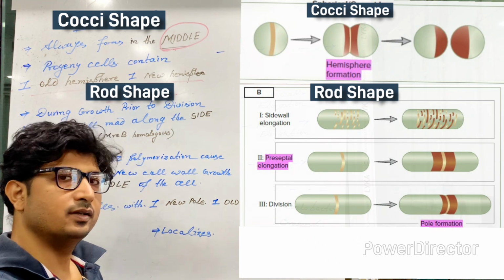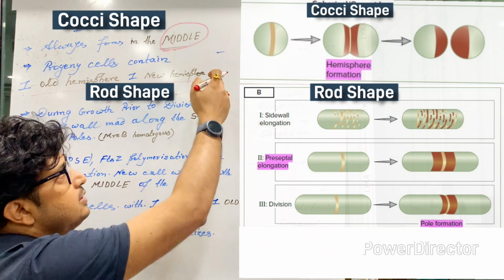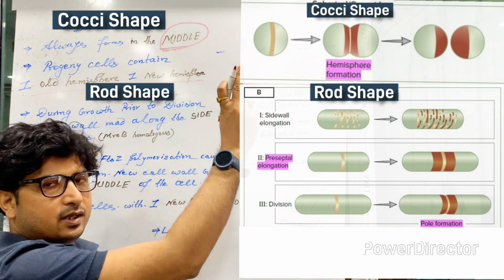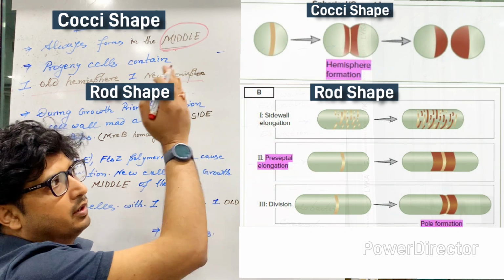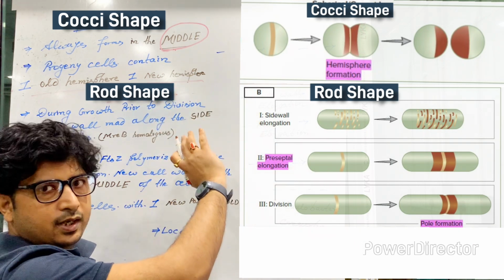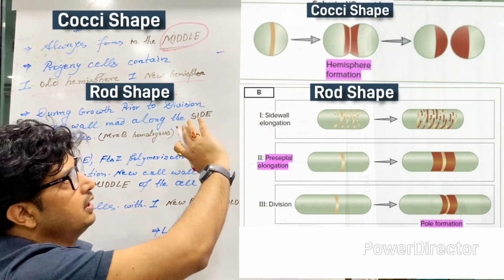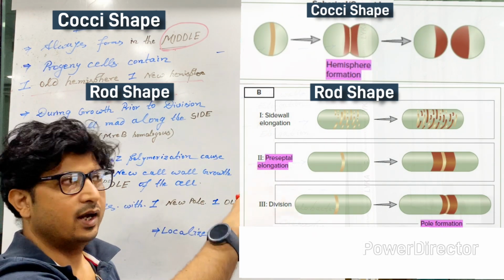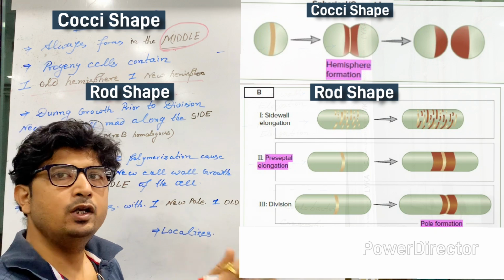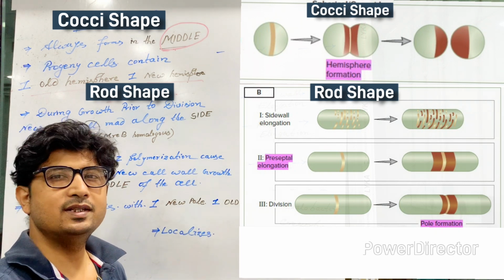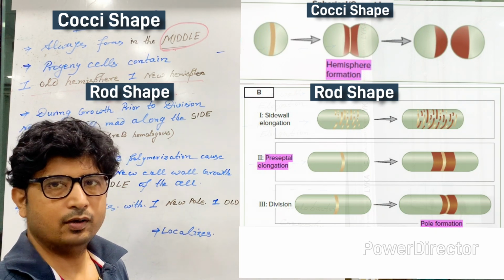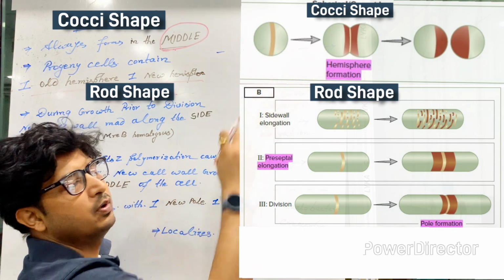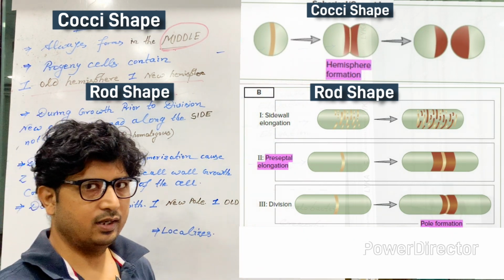So suppose this is the parent cell, it is a single sphere, then if you divide it in two hemispheres, left and right, the left is the old peptidoglycan, and the right one from the middle has new peptidoglycan synthesized. So this is the new hemisphere. The daughter cells, as you can see here, have one old hemisphere and one new hemisphere. I think I am clear.